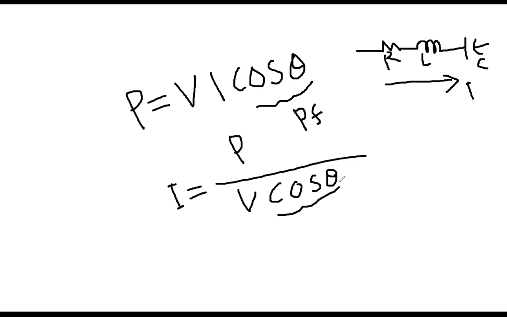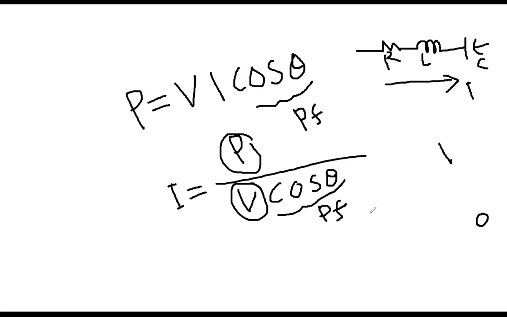So this cos theta is the low power factor, and we are assuming that P and V in the equation are constant, not changing. What is the maximum value of cos theta? Cos theta can be maximum 1 and the minimum value is 0, right? That is the variation of cos theta.